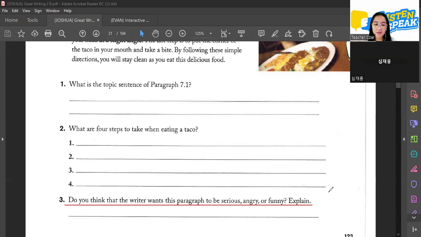So after reading the paragraph, do you think that the writer wants this paragraph to be serious, angry, or funny? Just so. Okay, so why do you think so?